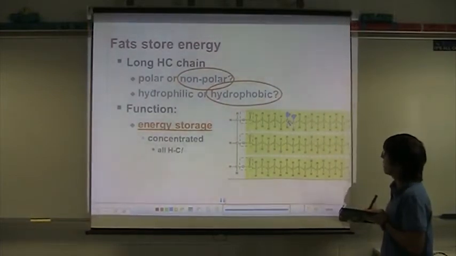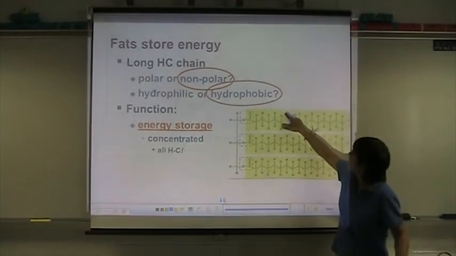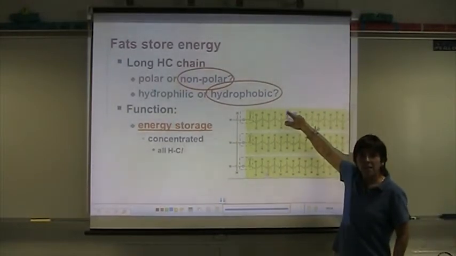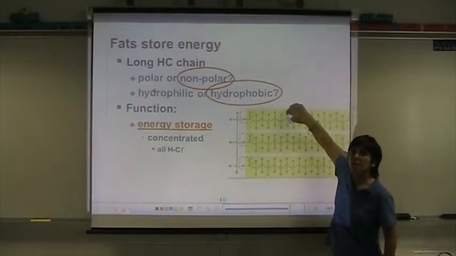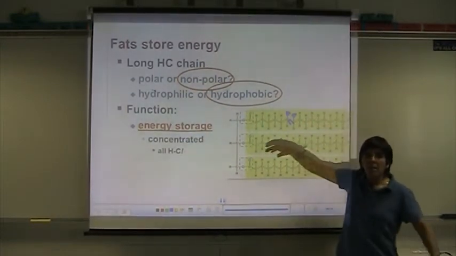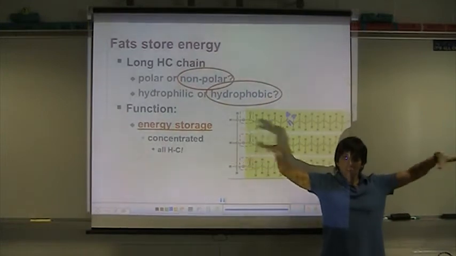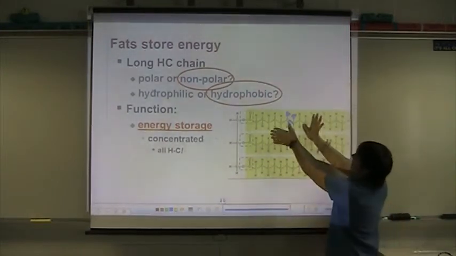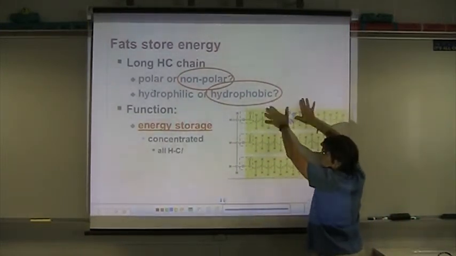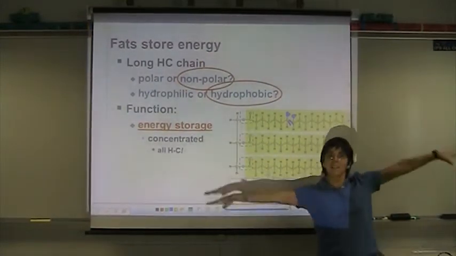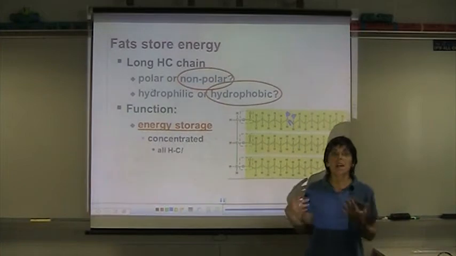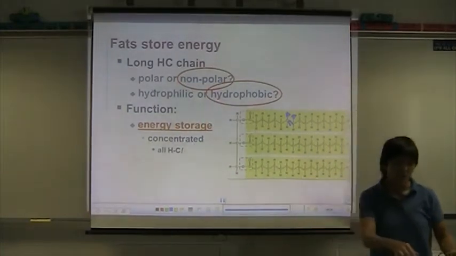Alright, so we have a nice double bond there, but we don't have hydrogen there, right? So what happens now that you have a hole there with this fat? If you are not packed with hydrogen, this fat now can bend. It can go, woo, woo, woo. It's liquidy. It can move, it's flexible.